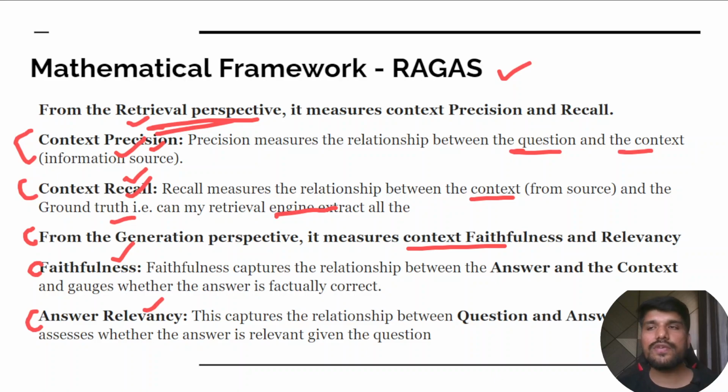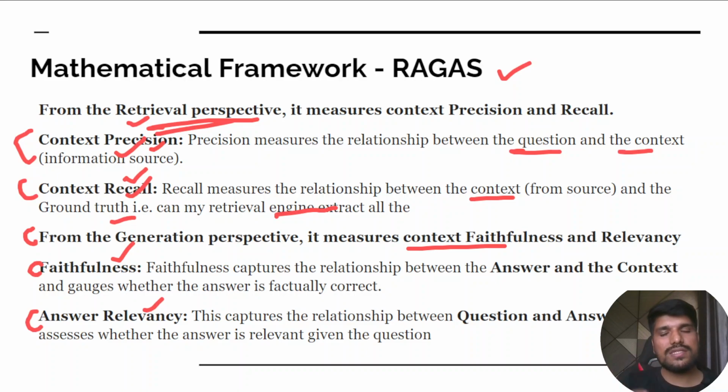And relevancy checks whether the answer is relevant to your given question or not. For example, if you're asking what is the revenue of year 2023 and 24, rather than giving revenue, if it is giving a different answer, like the definition of revenue or something else, then maybe your RAG system is not good.